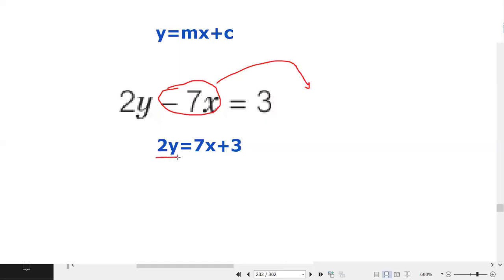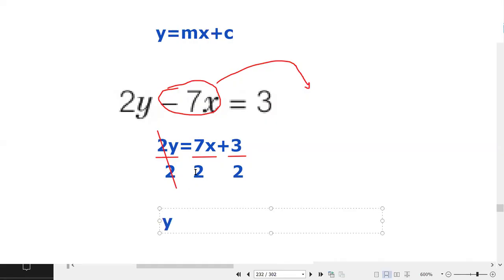It means I have to divide by the number next to the y. And if I do it to this element, I have to do it to all the elements. So I'll divide by 2 here, divide by 2 here, and divide by 2 here. Now I'm going to solve the dividing part. So these two will cancel each other. I end up with y, like this, y.